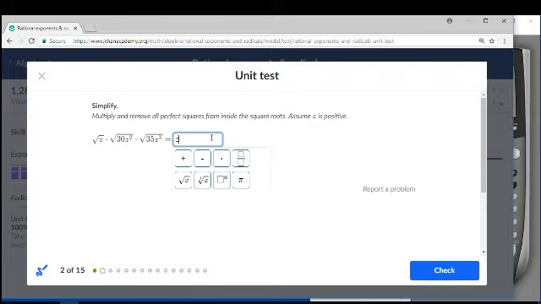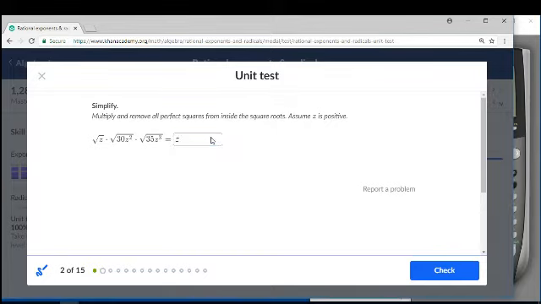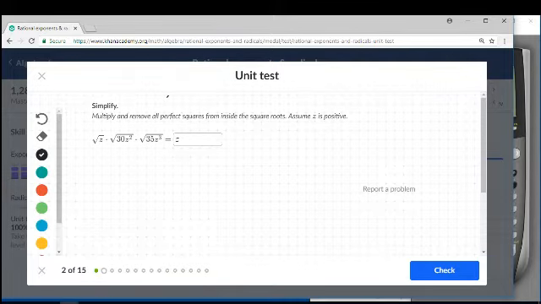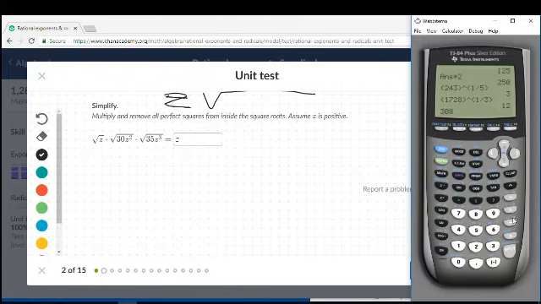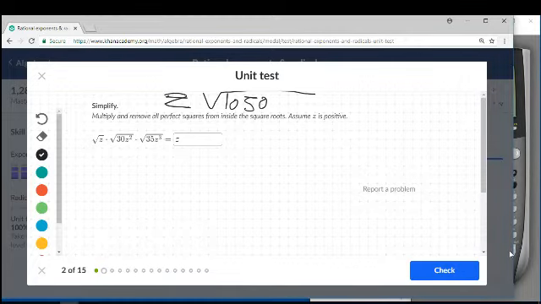30z times 35z cubed is 1050 z to the fourth.